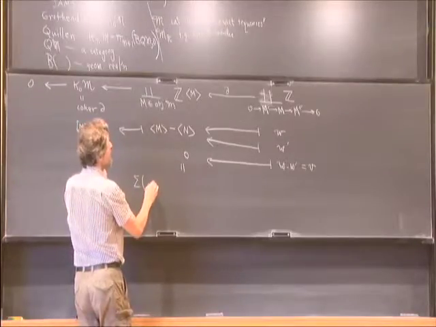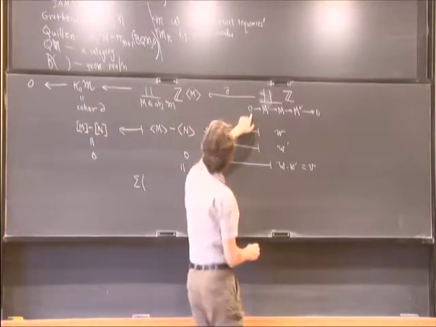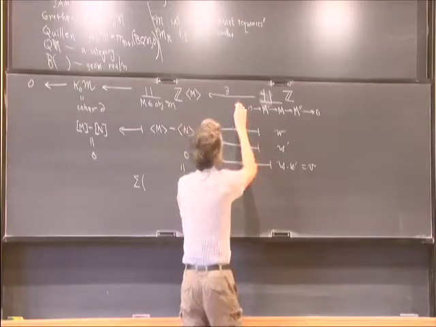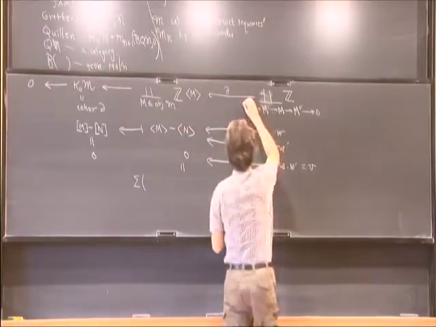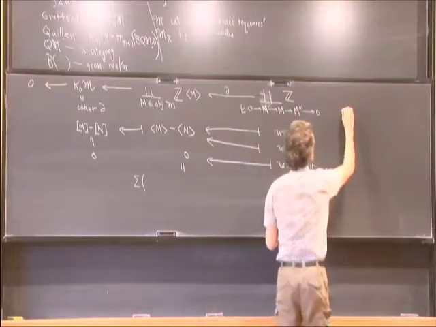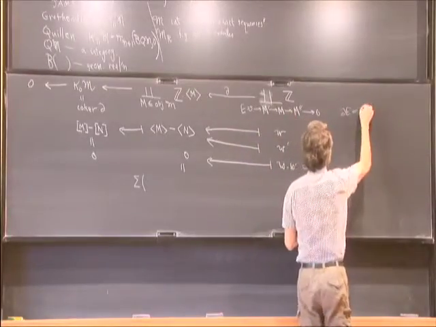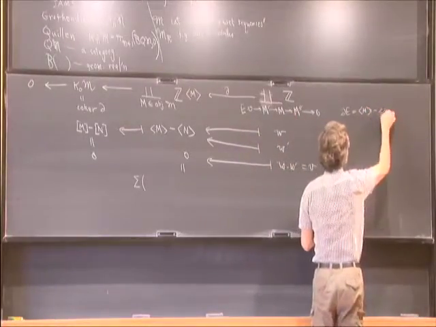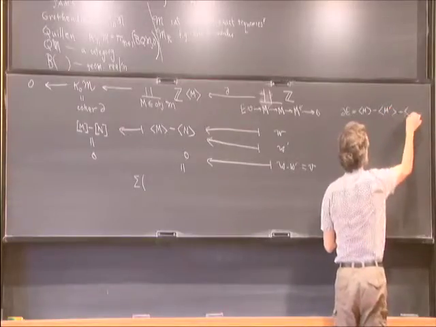It'll be a sum. Well, what happened to this map? I should have told you what delta does. So if this exact sequence is called E, then delta E is equal to M minus M prime minus M double prime.